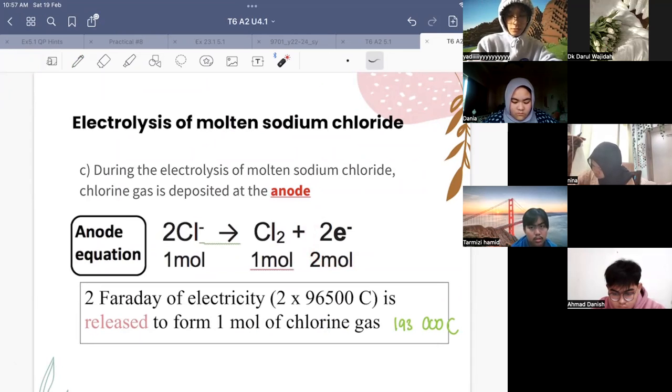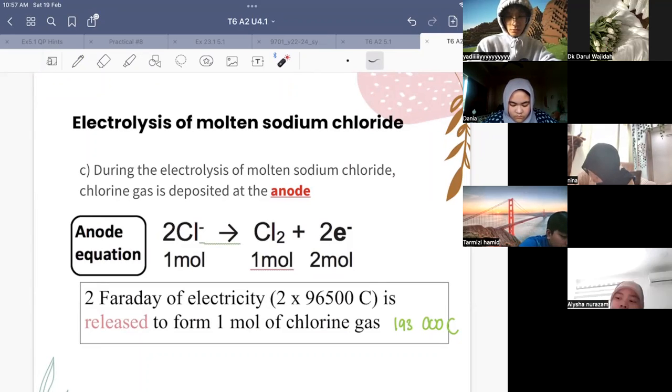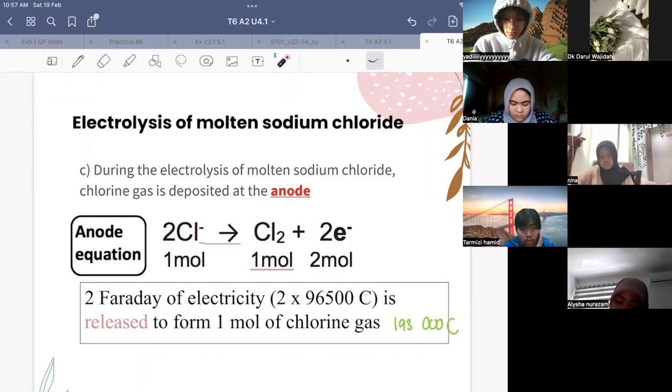Electrons released means you lose electrons in an oxidation process, but the numerical value of the charge is the same. You will also lose 193,000 coulombs to produce 1 mole of chlorine.